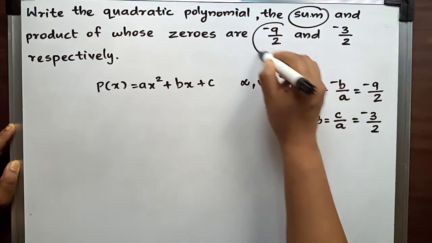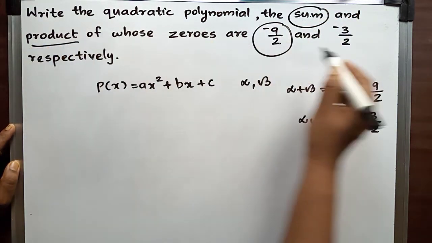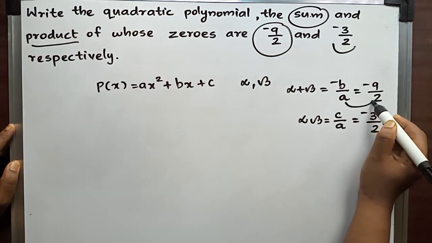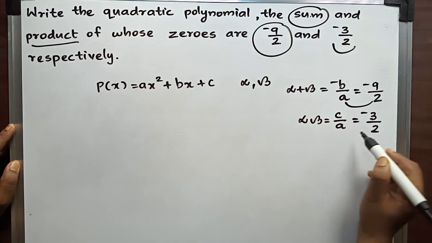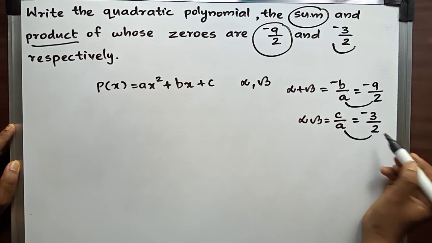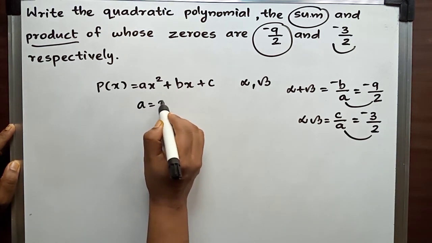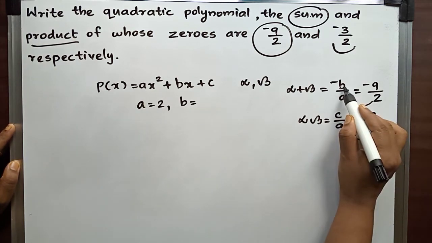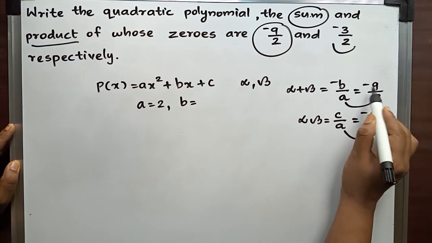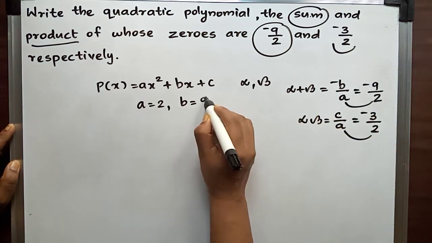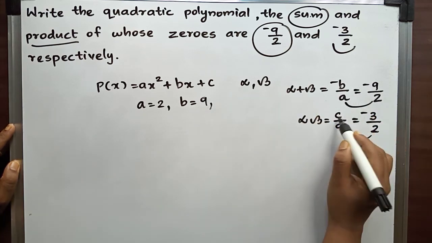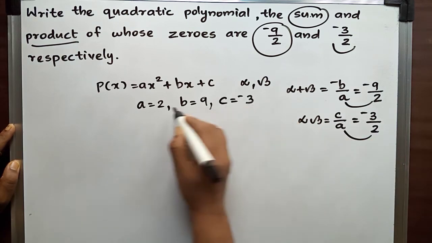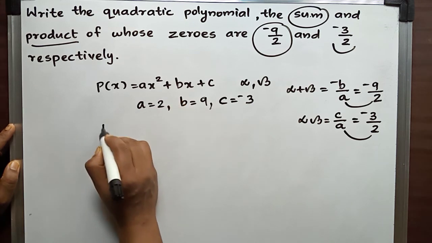Sum is minus 9 by 2 and product is minus 3 by 2. Then here in place of a, it is 2. Here also in place of a, it is 2. So we can take a as 2. What comes in place of b? Minus b is minus 9. That means b is 9. Now what comes in place of c? C is minus 3.